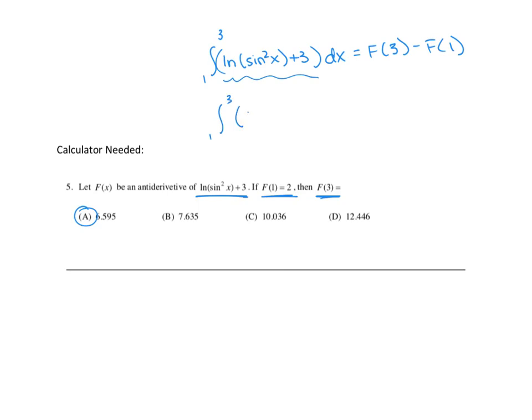So I'm going to have ln of, to plug in sine squared, we have to plug in sine x squared, kind of like this. We're looking for F of 3. We know that F of 1 is 2. So be careful plugging this into your calculator, but make sure that you're able to do that. You should get 4.595. And that's how we get that answer of 6.595.